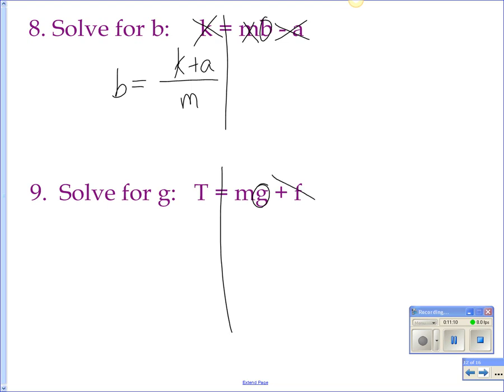So F is going to move first. Okay? Stephen, how do I get rid of plus F? What do I write over here? So T minus F. And Devin, what letter still needs to move? How do you move it? Anybody, what letter are they going to put out front? Good.